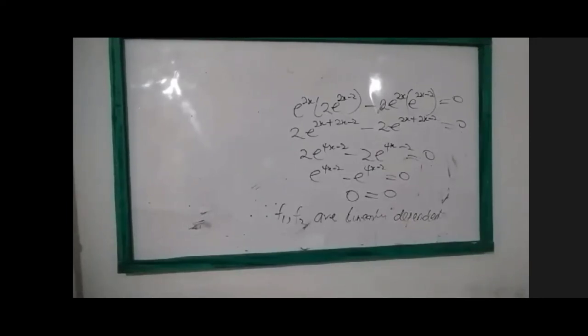So the Wronskian is saying that if you find the determinant and it resolves to 0, then you can conclude that the whole set of functions is linearly dependent.